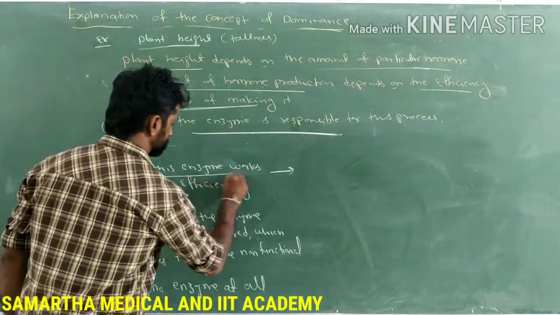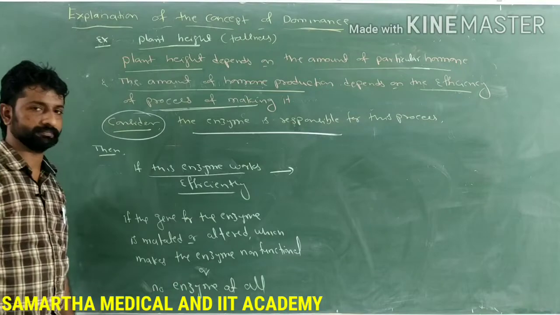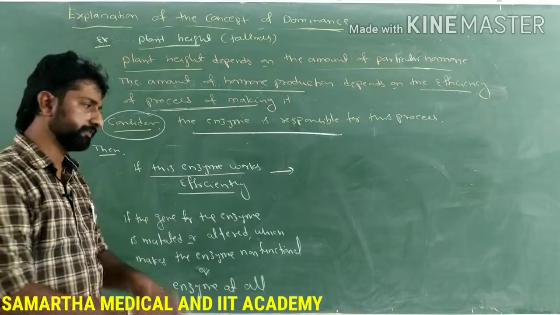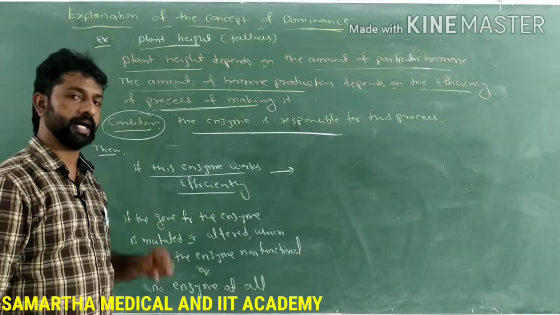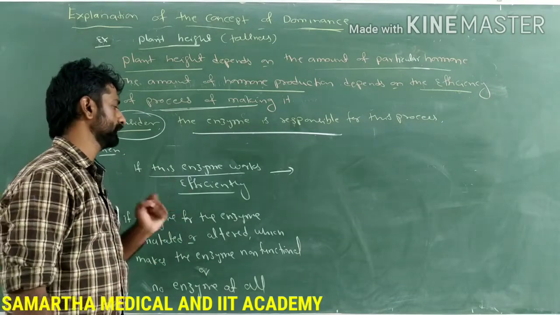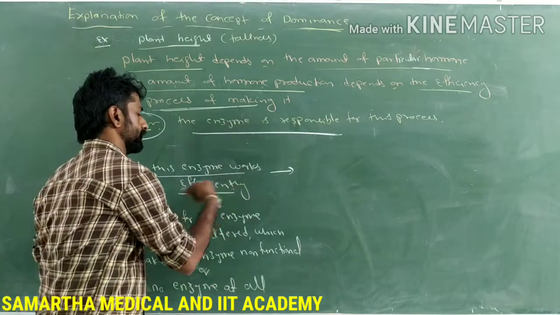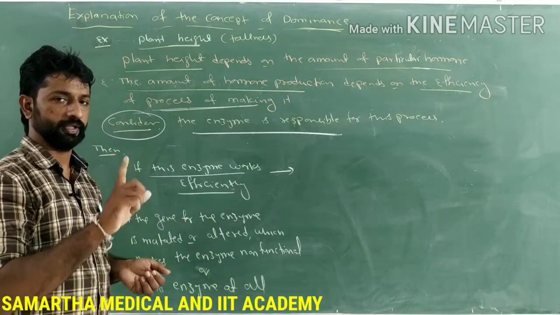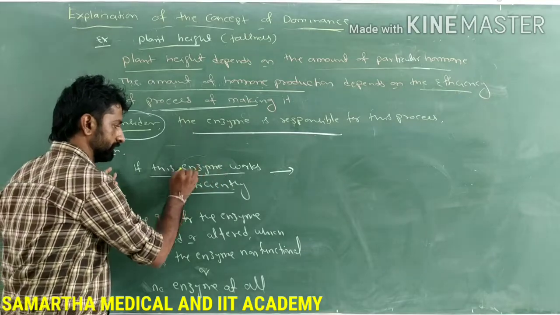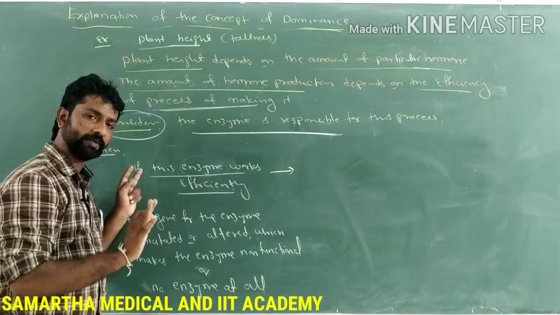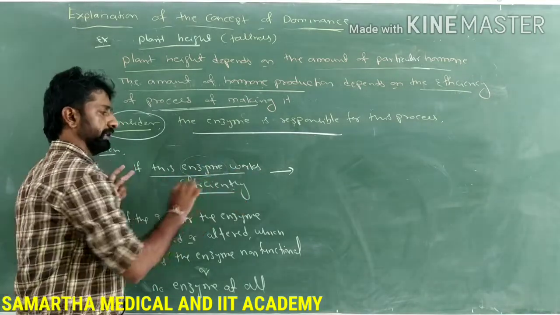If this enzyme works efficiently, means the gene coding for that particular enzyme is normal or the unmodified allele, and produces the enzyme which can work efficiently. In one case, when the allele or the gene which code for the synthesis of the enzyme is normal, the enzyme will work efficiently.